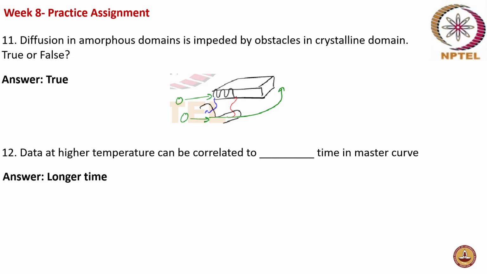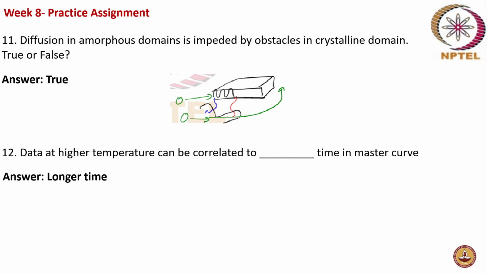Whereas behavior estimated at lower temperature can be related to very short times, that means picoseconds. At picoseconds the material is not really able to respond, the segments cannot move at that picosecond level. So the material would show more of a glassy behavior.